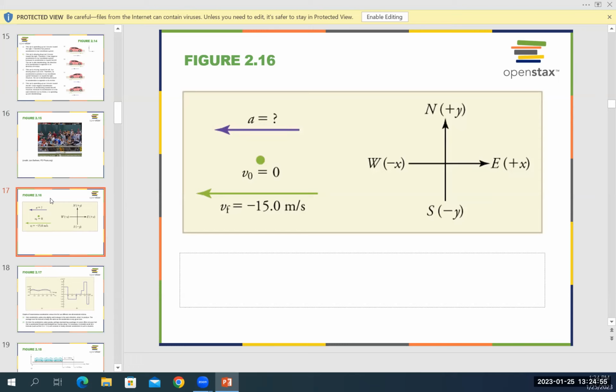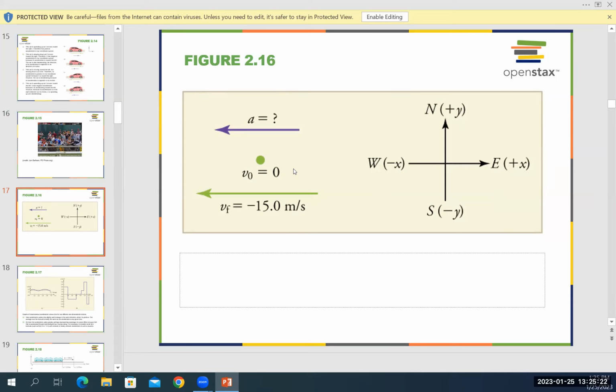All right, so here is our example. Here we have some particle. Its final velocity, its initial velocity, you notice, V0. Our V0 is 0, so we start at a velocity of 0. We're not moving.